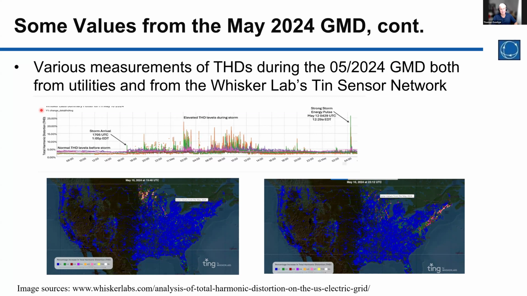The images on the bottom left and bottom right show how this total harmonic distortion moved around the grid as the storm moved around. A lot of us saw these harmonics as being perhaps higher than we would have expected, so it certainly gives good impetus for the work that we're talking about here.